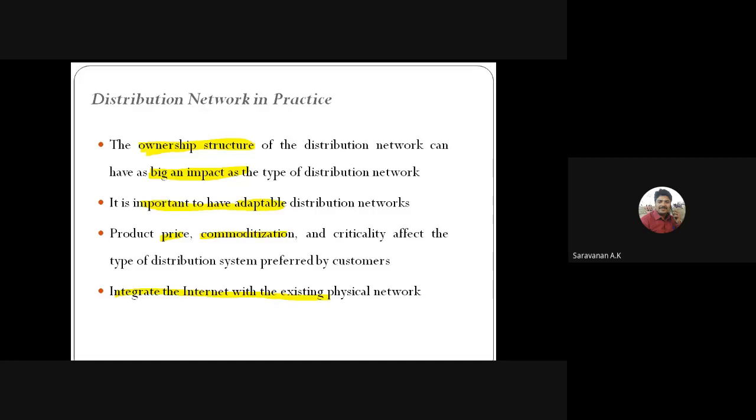Then for low value commodity products like office supplies, for example, office stationery items, pens, pencils, or staplers, whatever it may be, they can purchase from a nearby shop. The customer prefers the nearby shop, right? So it is the difference between the types of distribution preferred by the customers, right?